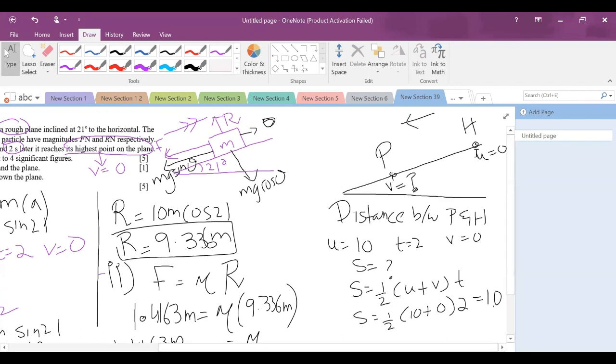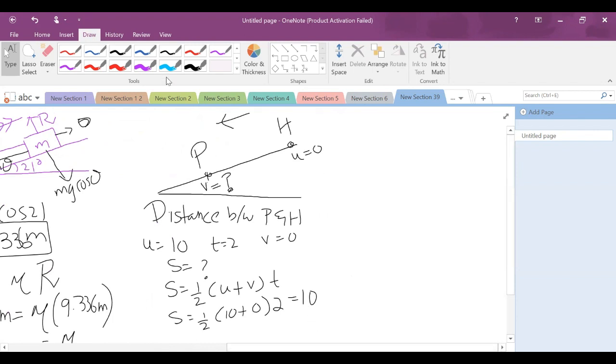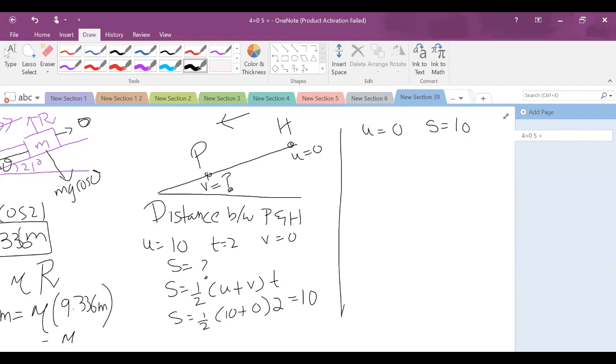Acha, अभी भी we don't have the third parameter. हमें U पता है, 0 है रिटर्न जर्नी का. हमें ये डिस्टेंस पता चल गया है फ्रॉम H टू P, दैट इज 10 मीटर्स, बट V नहीं पता, अभी तक A नहीं पता और टाइम भी नहीं पता. सो वी नीड वन मोर पैरामीटर, दैट इज गोइंग टू बी A. फॉरवर्ड माइनस बैकवर्ड इज इक्वल्स टू M में कर लेंगे. सो रिटर्न जर्नी में हमें U पता है, 0 है. हमें डिस्टेंस भी पता चल गया है, 10 मीटर्स. बट अब A फाइंड करते हैं. जब A आ जाएगा तो फिर वी शुड बी एबल टू फाइंड द V एज वेल.